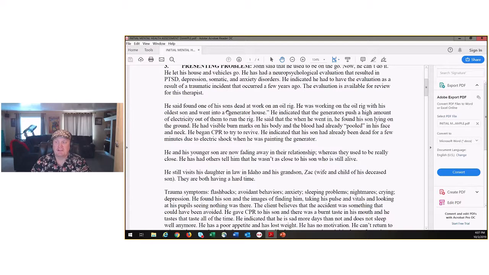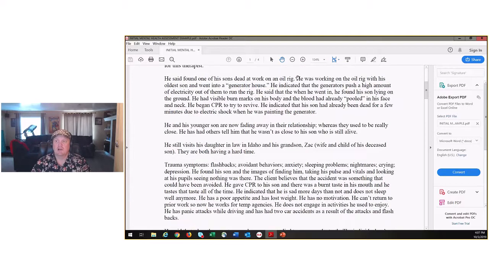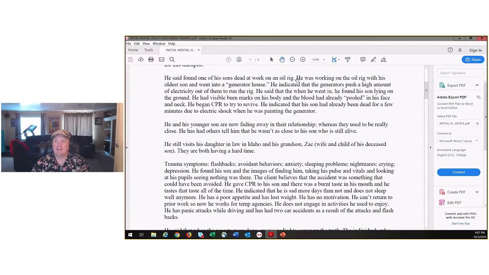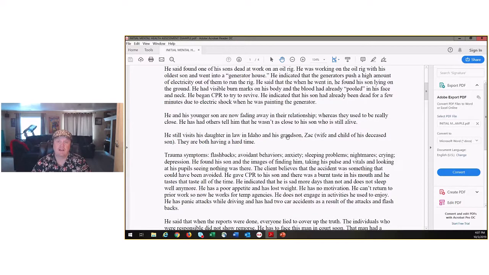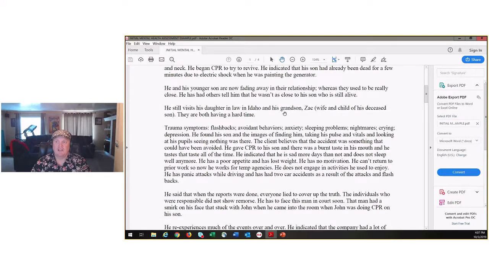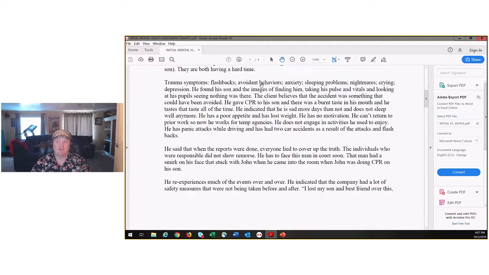If you remember this client, it was a pretty hefty one. He said that he found one of his sons dead at work on an oil rig. It was a very, very hard situation. He was working at the work site, and he was the one to find his son dead on the site. He tried to revive him through CPR, and it was really rough. He went into some other issues that were going on in his life at the time, and then talked about the trauma symptoms.